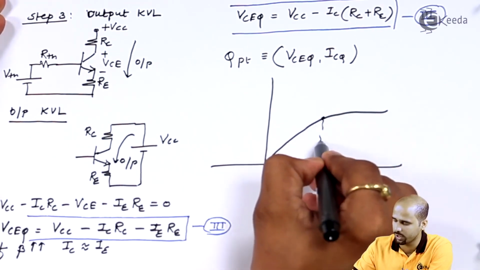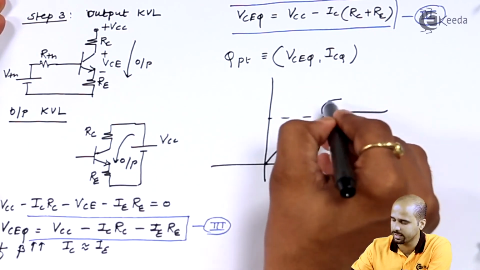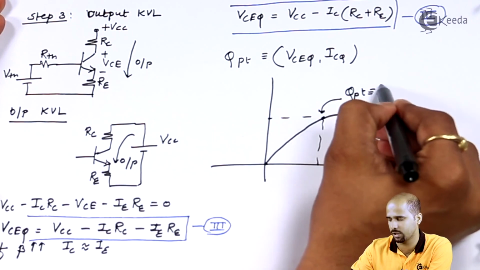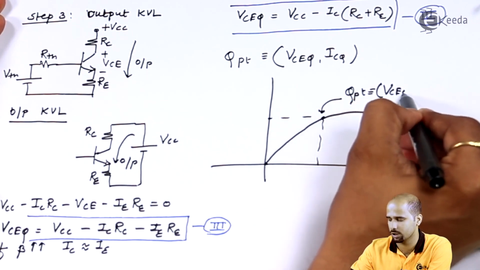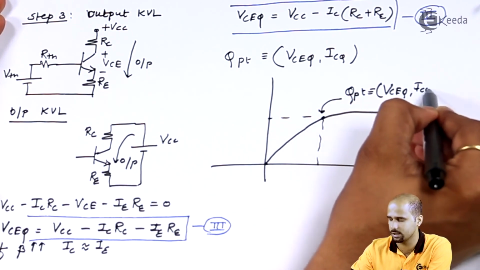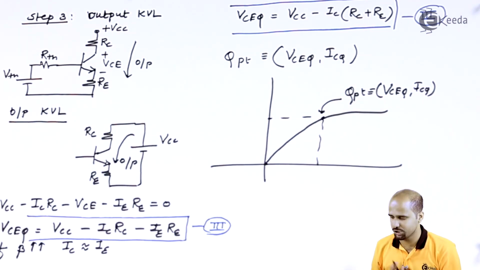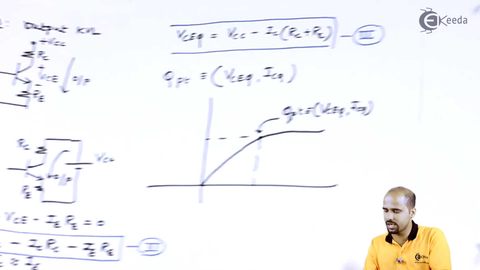Suppose this is the Q point we are getting, so the Q point will be VCEQ comma ICQ. This is how we deal with the DC analysis of BJT. This is the first and very important step to move the analysis ahead towards the AC analysis for BJT as an amplifier.